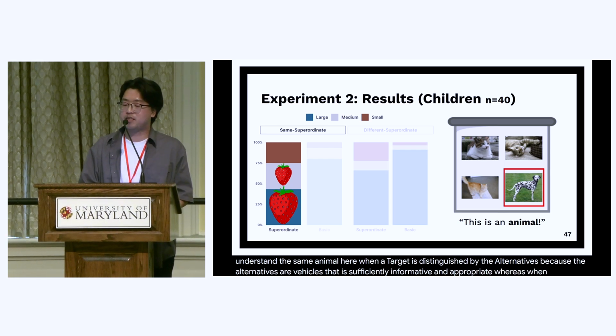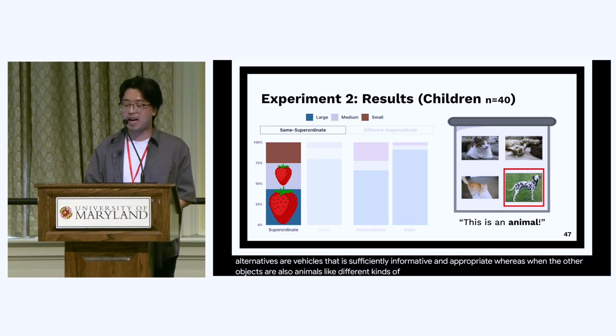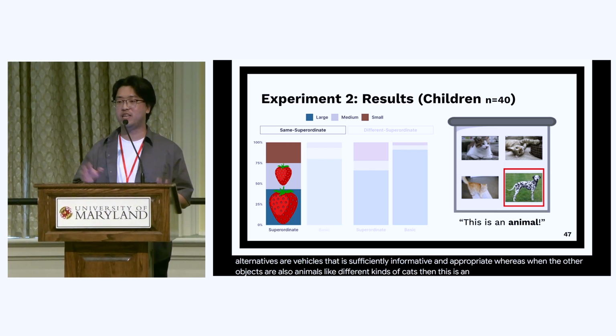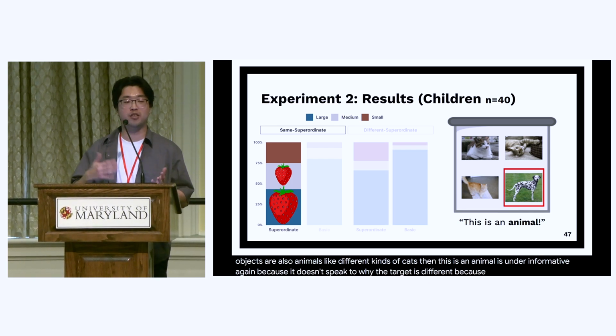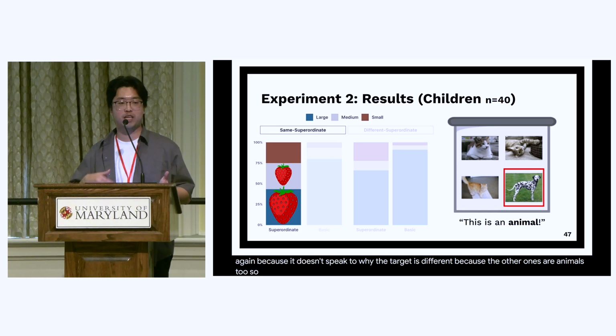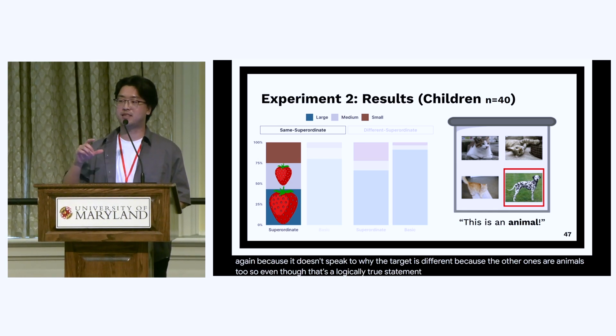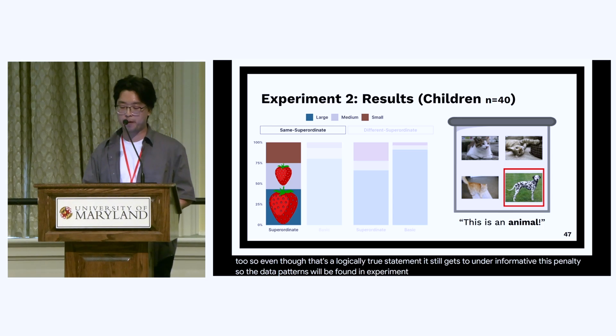Whereas when the other objects are also animals, like different kinds of cats, then this is an animal is underinformative again, because it doesn't speak to why the target is different, because the other ones are animals too. So even though that's a logically true statement, it still gets the underinformativeness penalty, so the data patterns are what we found in experiment 1.